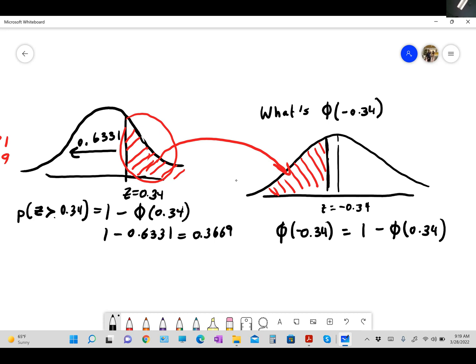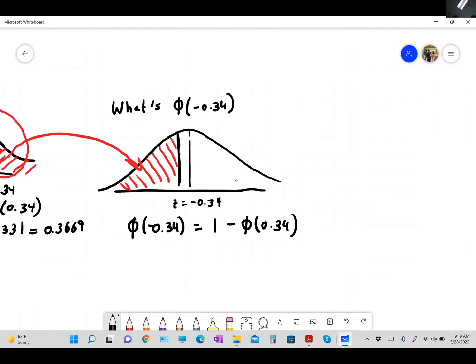And as a consequence, if I wanted to figure out this part here instead, it would just be the phi of 0.34. Because whatever I got here, you guys know that right here, I'm going to get 0.3669.